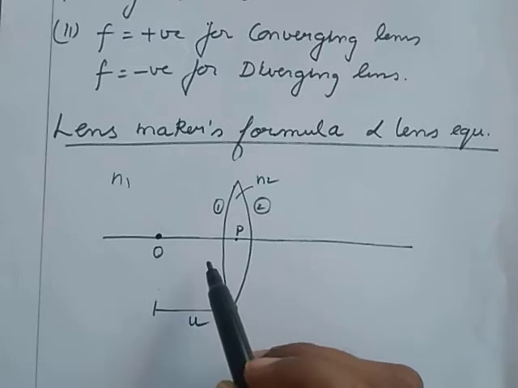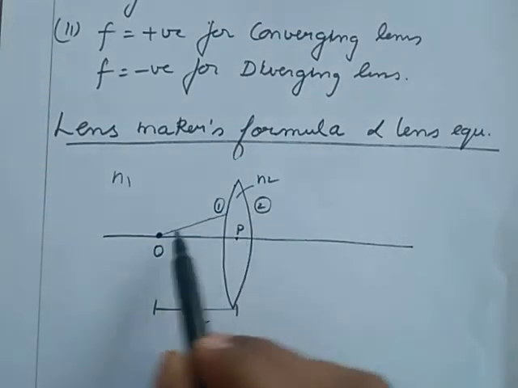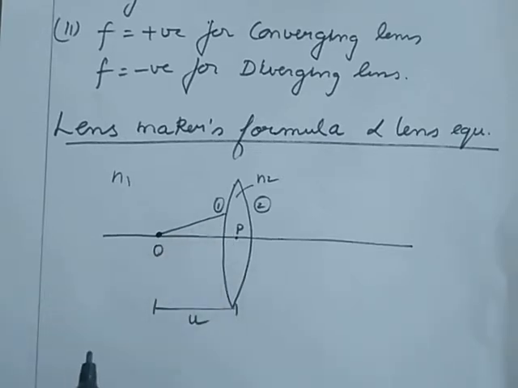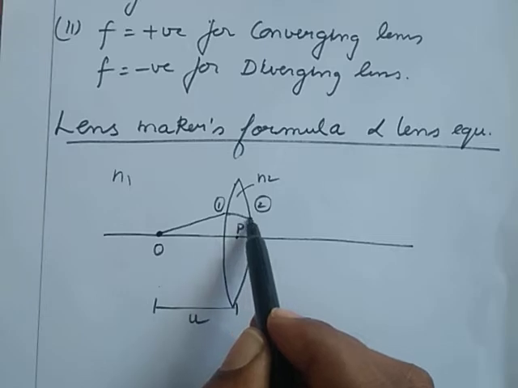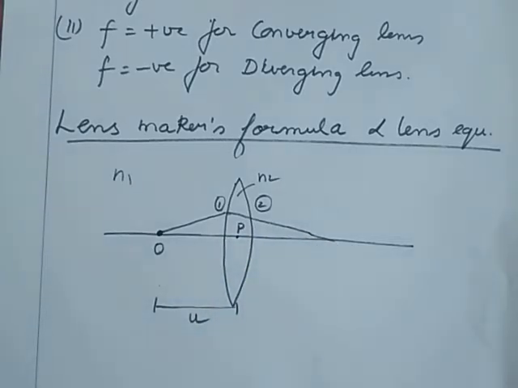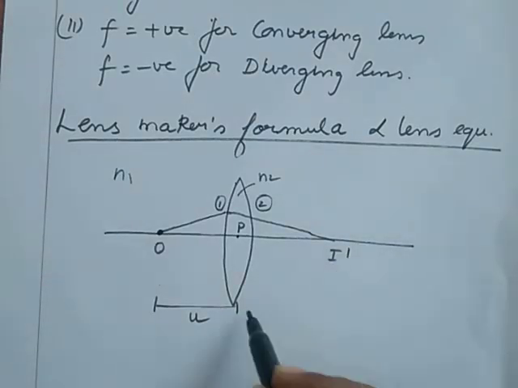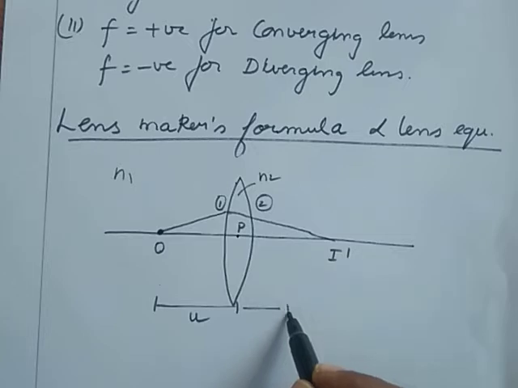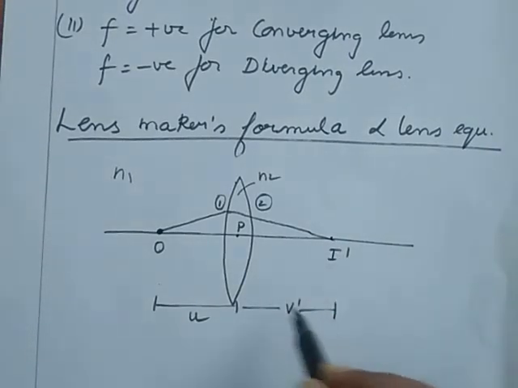A light beam falls on the first surface, and after refraction it bends and forms an image, represented as I dash. This is v dash, the distance between the image I dash and the pole.